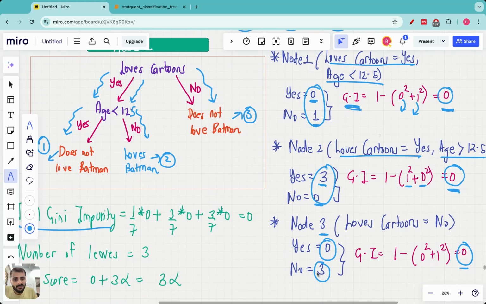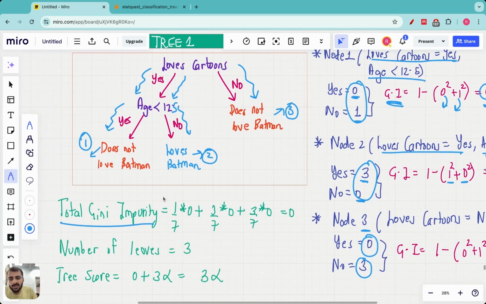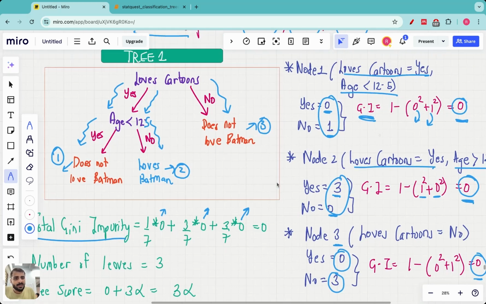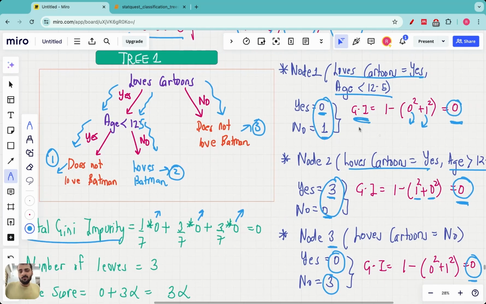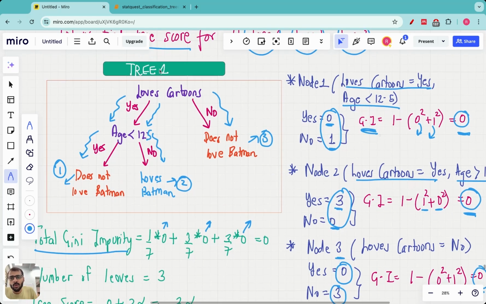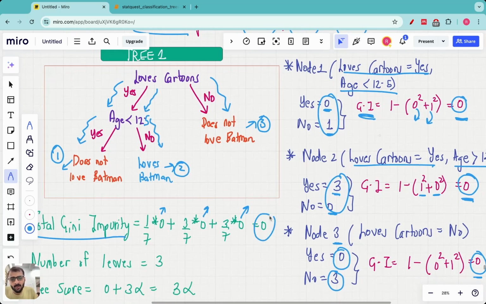And in node number 3, we have a total of 3 people. So the Gini impurity is 1 by 7 into Gini impurity of node 1 plus 3 by 7 into Gini impurity of node 2 plus 3 by 7 into Gini impurity of node 3. And since the Gini impurity of nodes 1, 2 and 3 is anyway equal to 0, the total Gini impurity of tree 1 is going to be equal to 0.